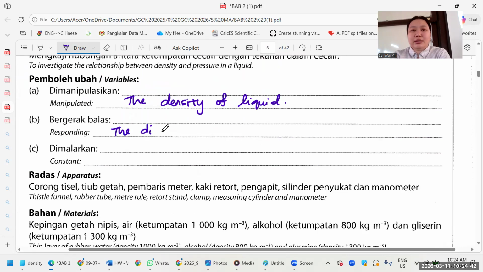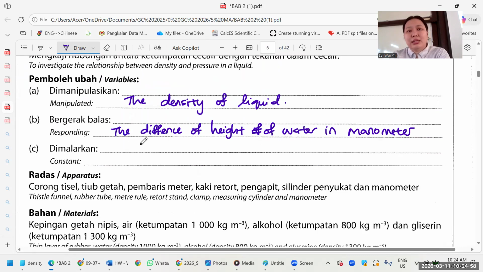The difference of height of water in the manometer, which means the liquid pressure. But we cannot see it directly, so we use the difference of height in the manometer to represent the pressure.